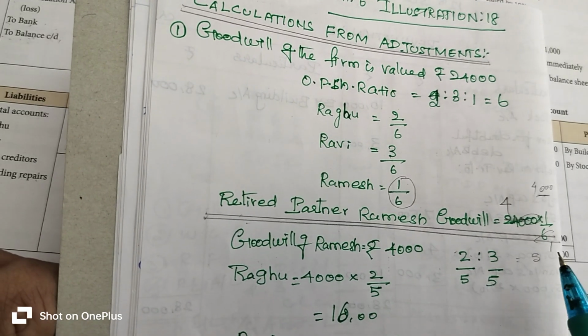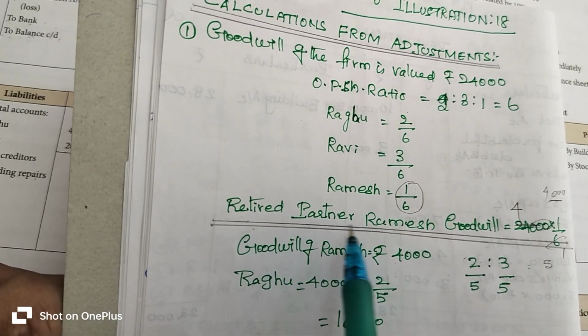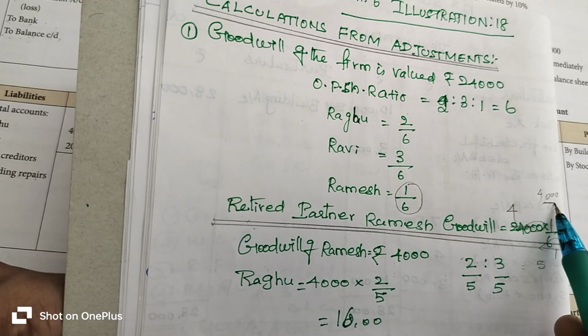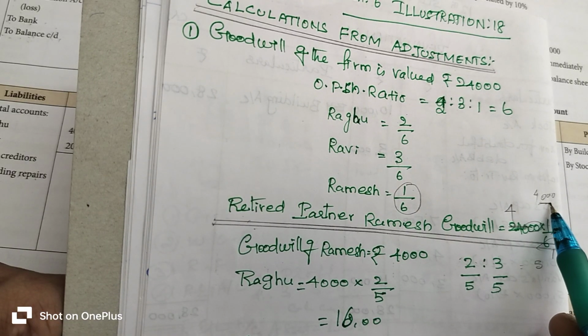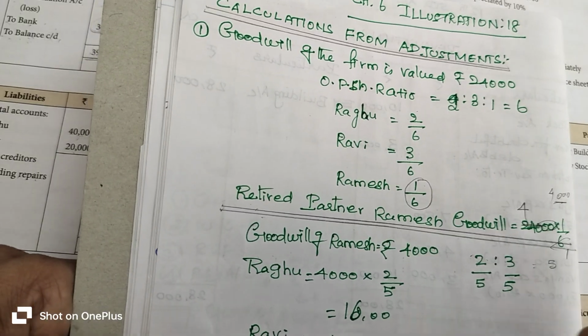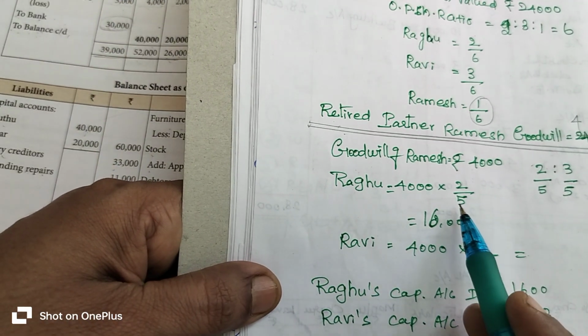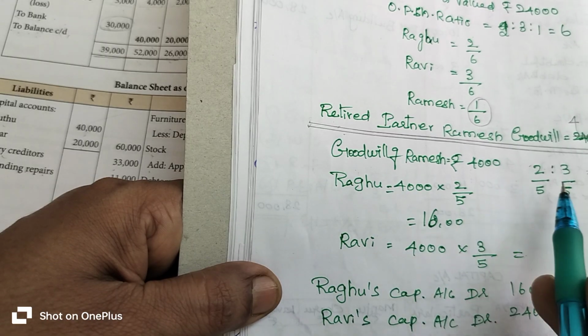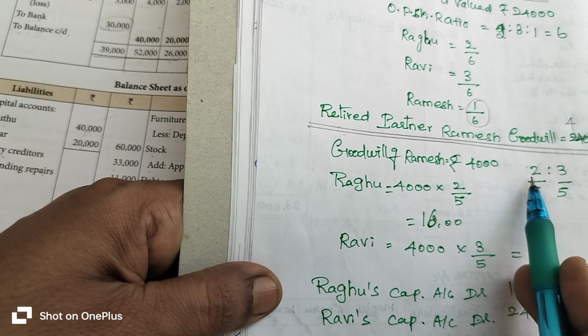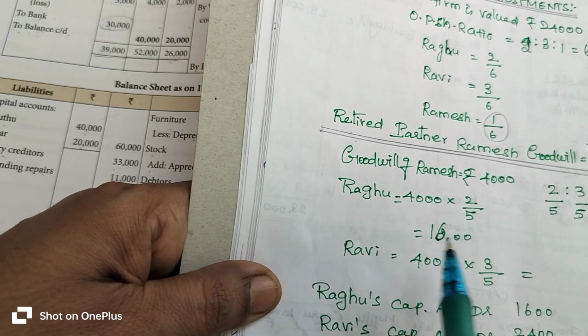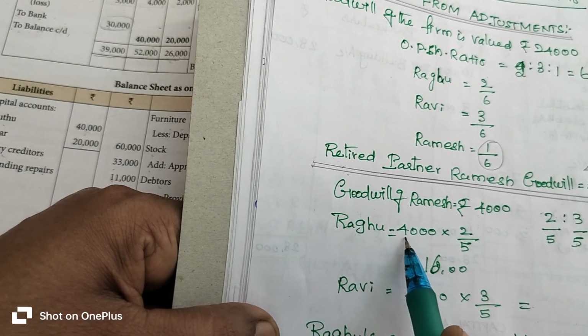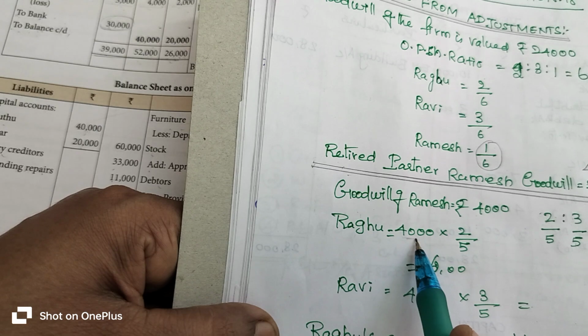So the retired partner Ramesh's goodwill share amount, that means 4,000 rupees, is to be distributed to the continuing partners' capital accounts with their new profit sharing ratio. After retirement, the new profit sharing ratio is 2/5, 3/5. Accordingly, the goodwill value of Ramesh is 4,000 rupees.